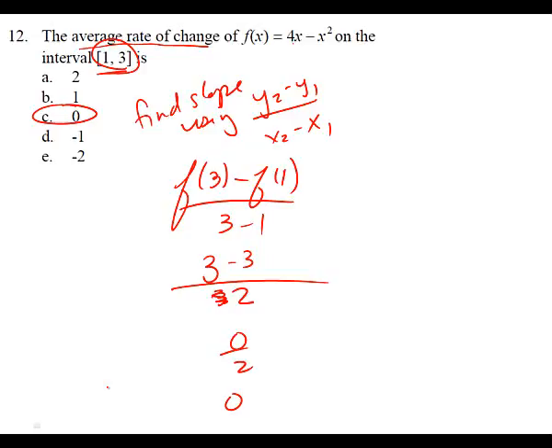You plug into the old slope formula, right? That's all we did was take our y's and over our x's. And again, just like the old slope formula, it doesn't matter as long as the pairs are in the same order, right? You could have put your 1's first and your 3's second. That would have been okay. All right, what else?